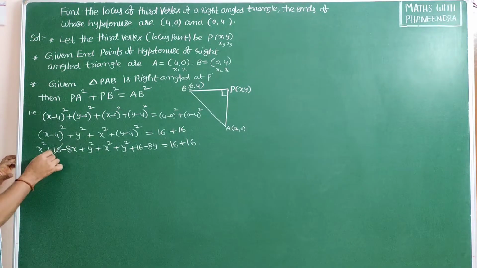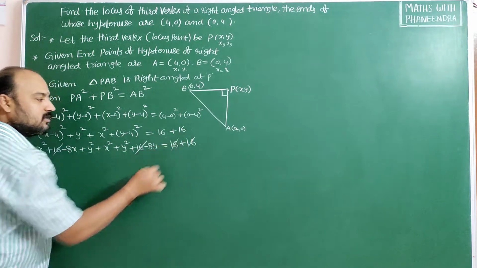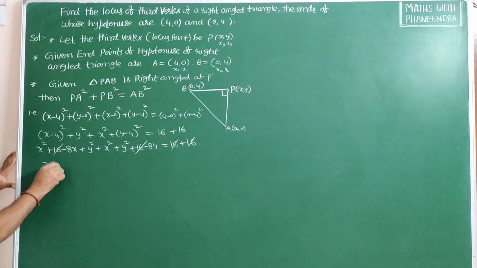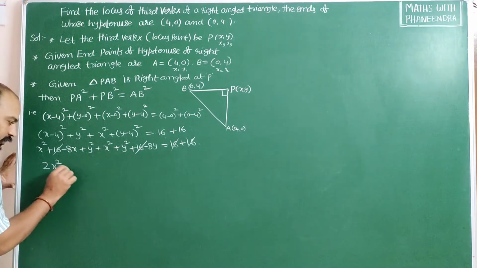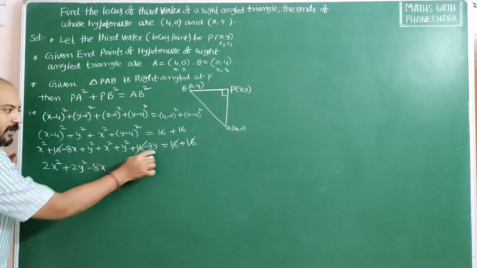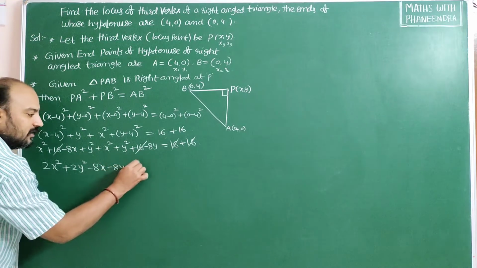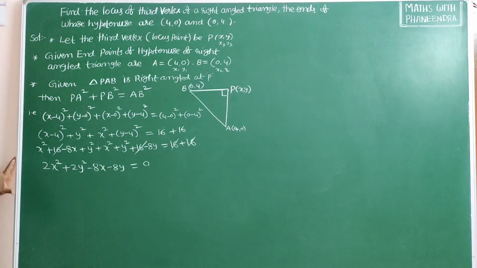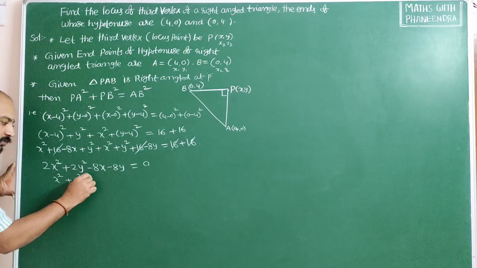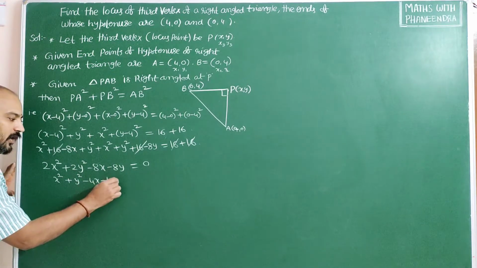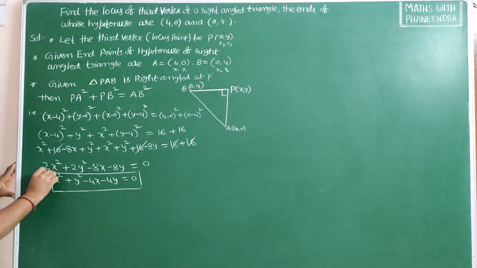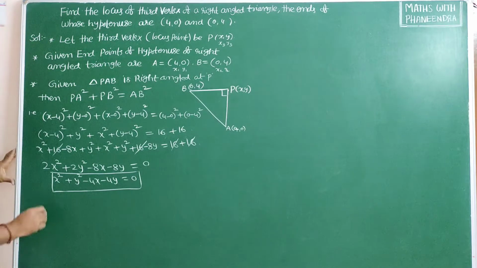On both sides, the 16 plus 16 cancel. x square plus x square is 2x square, y square plus y square is 2y square, minus 8x minus 8y is equal to 0. Dividing throughout by 2, x square plus y square minus 4x minus 4y equal to 0, which is the required locus of the third vertex.